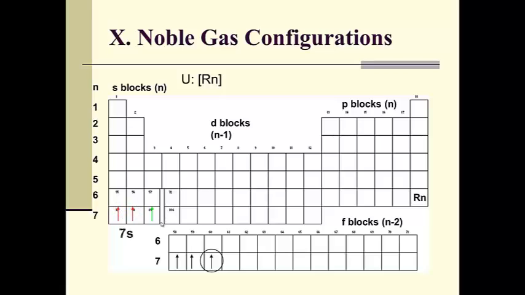This one here, remember, is not in the F, it's actually in the 6d. Then we have 3 more in the F block, and it's the row number minus 2, so it's going to be 5f3. Again, even though this is actually lower than this one, we write this one last because that's where the last electrons went.